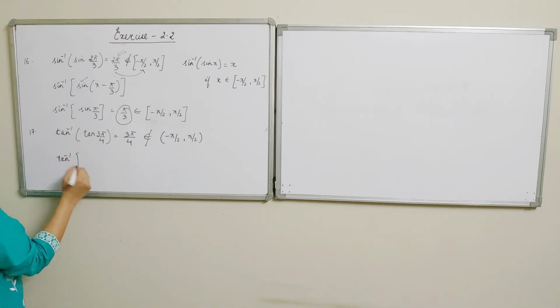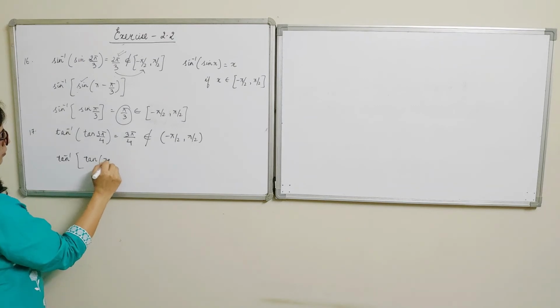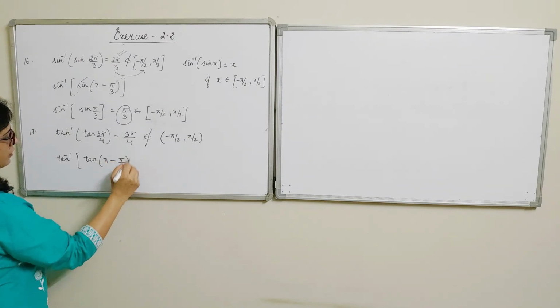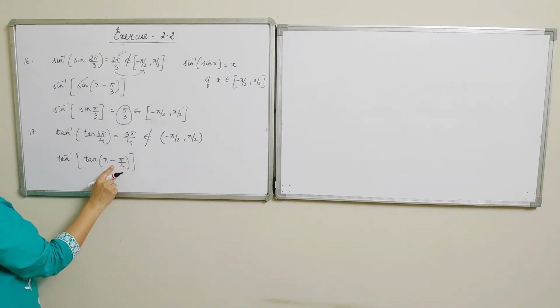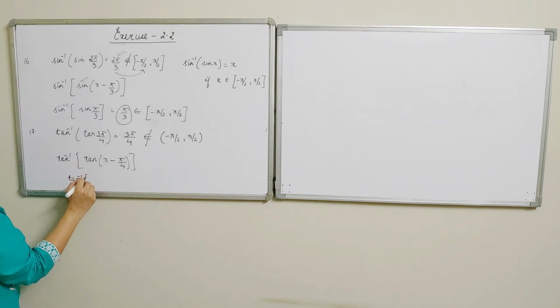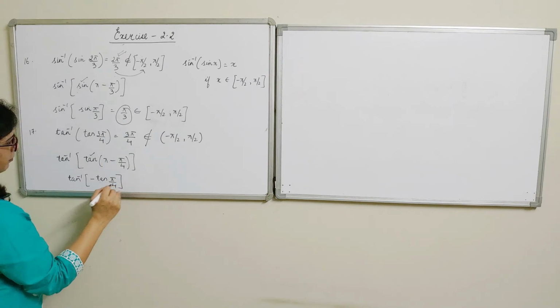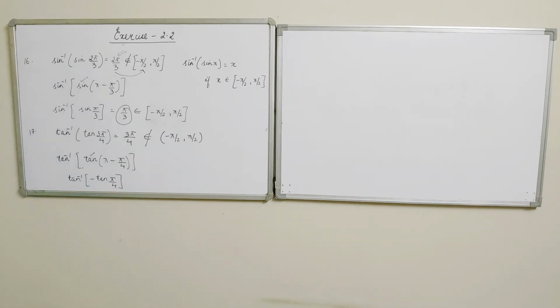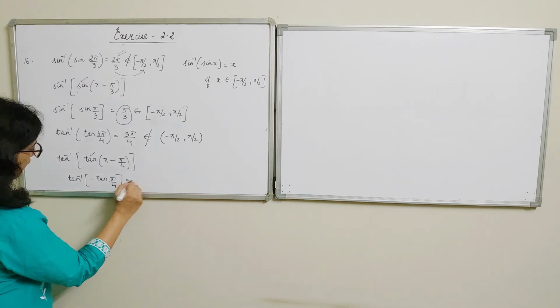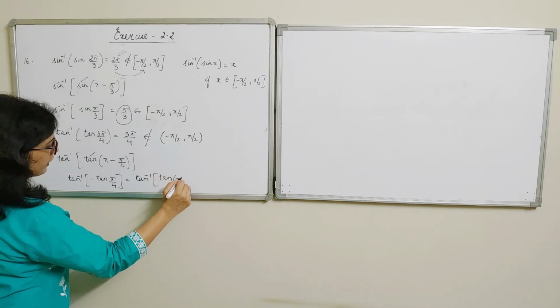So modifying, I can write it as tan (pi minus pi by 4). In the second quadrant the tan function becomes negative, so it will be minus tan pi by 4, and this can be written as tan (minus pi by 4).